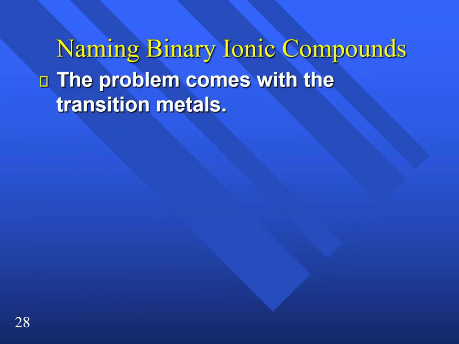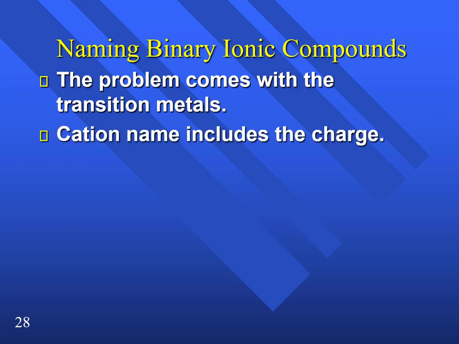What do you do about the transition metals? Okay. Because transition metals, for all but 3, the cation has a Roman numeral in the name. Right? I can't say iron ion. I have to say whether I've got the iron 2 ion or the iron 3 ion.